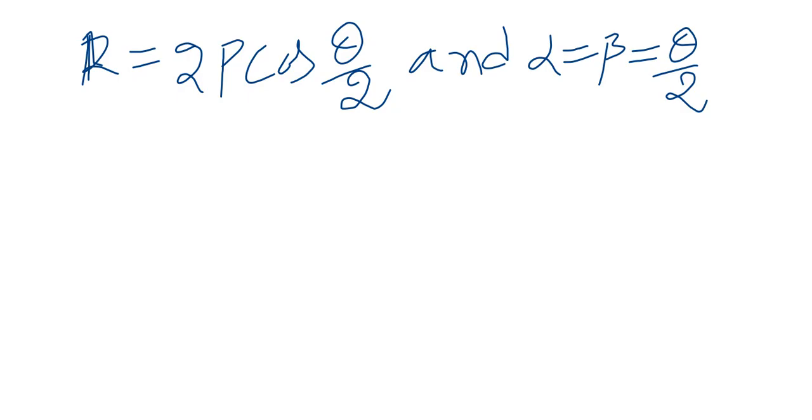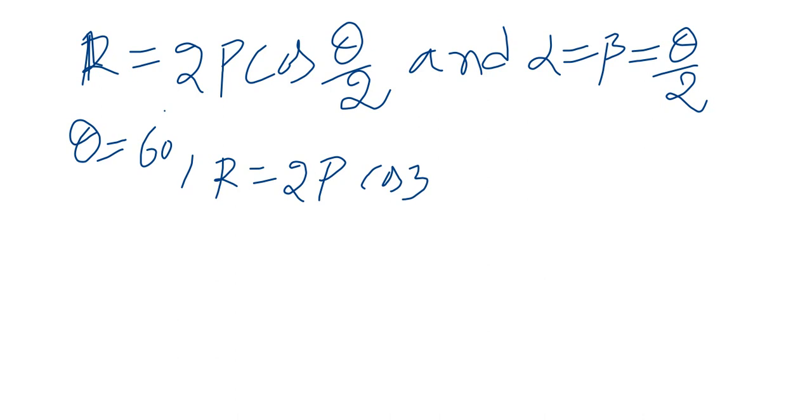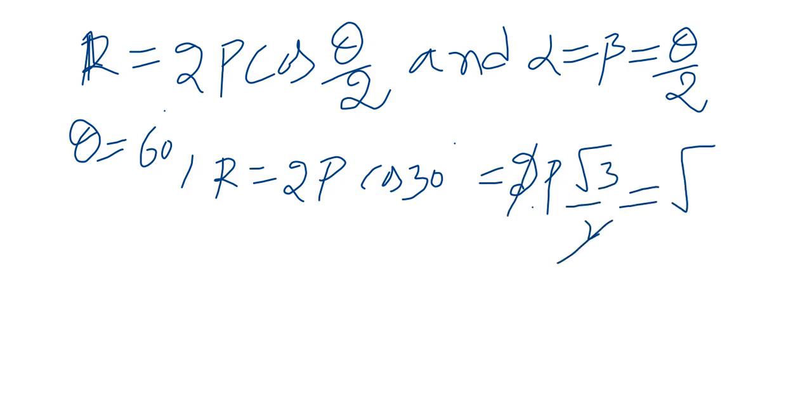Next, theta is equal to 60 degrees. If theta is 60 degrees, what does R become? R is equal to 2P cos 60 by 2, which is cos 30. Cos 30 is root 3 by 2. So the resultant vector is root 3 P. Next, theta is 90 degrees.